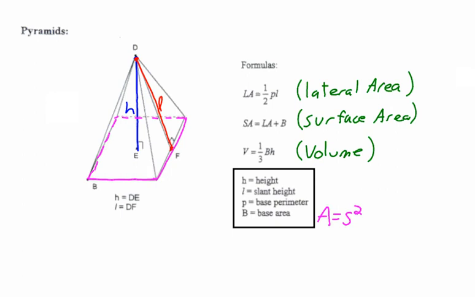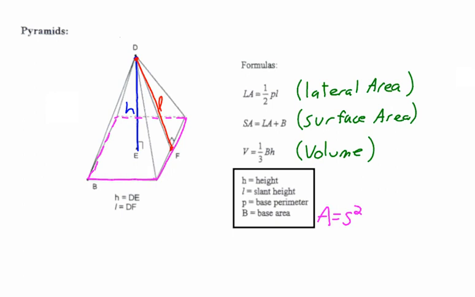So those are the different parts of a square pyramid. Any pyramid is going to have these same parts: the height, the slant height, the perimeter of the base, and the area of the base. These three formulas, the lateral area, surface area, and volume, apply to any shape base pyramid.